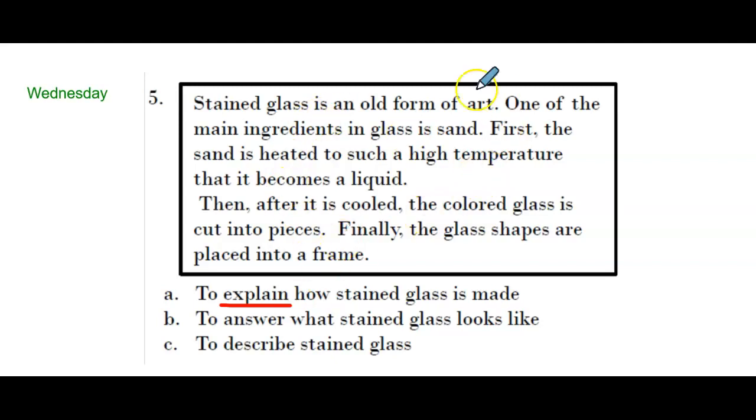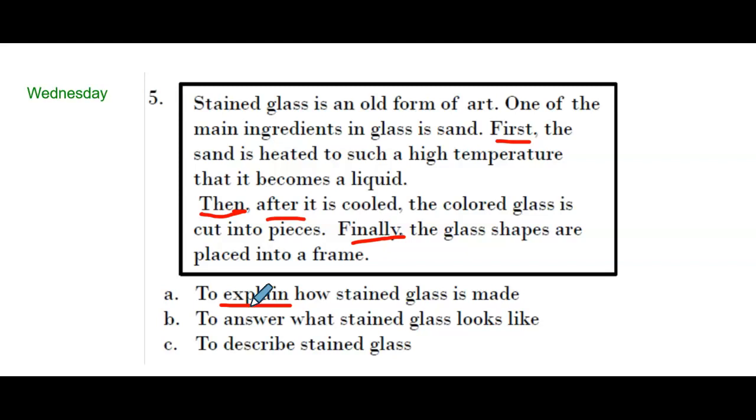Do you see any transition words in this passage? Yes, I see first, then, I see after, and finally. Great job. So it's looking like so far the best answer choice is A.